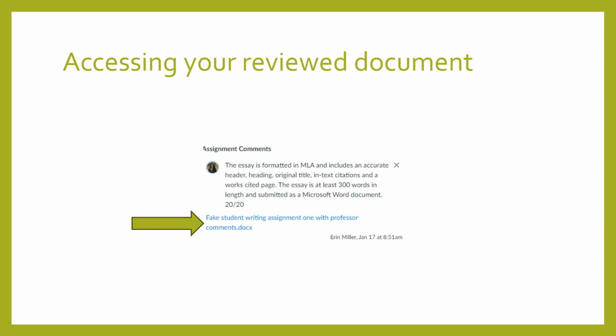I don't think anyone is having any issues seeing those. Your file with the more specific feedback will actually be at the bottom beneath the rubric scores. So make sure you scroll all the way to the bottom and click on that blue file name. It's going to say something like your last name and short writing assignment 1 with professor comments.